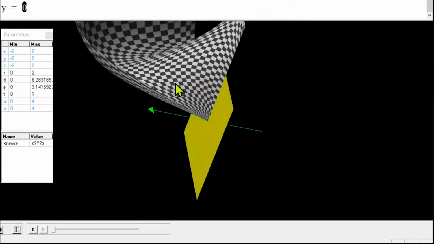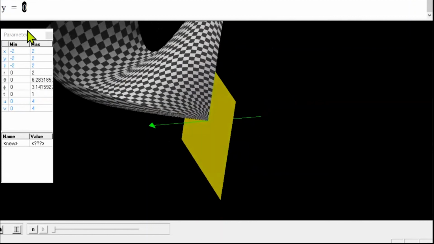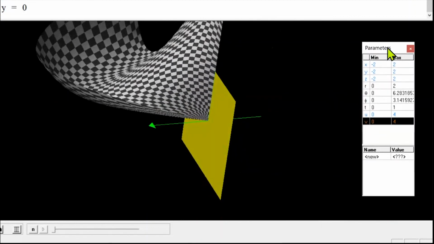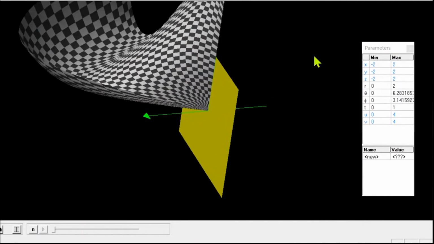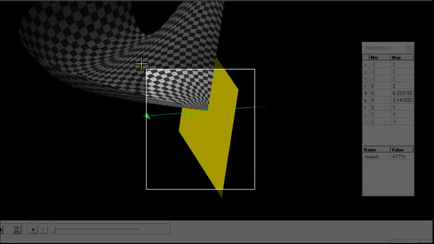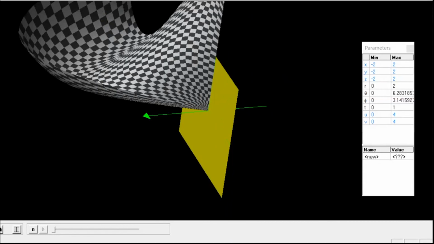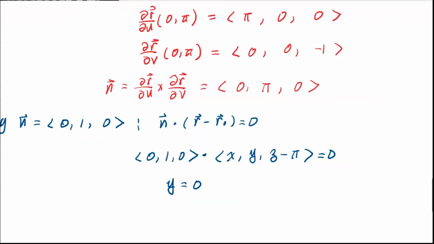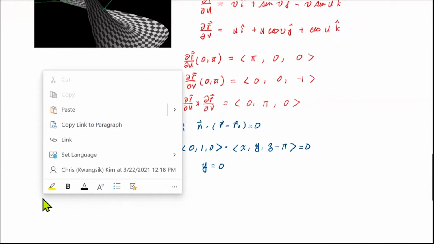I think this is the best shot right there. And move the parameter over here. Okay, I'll clean it up later, I'll just save it here.